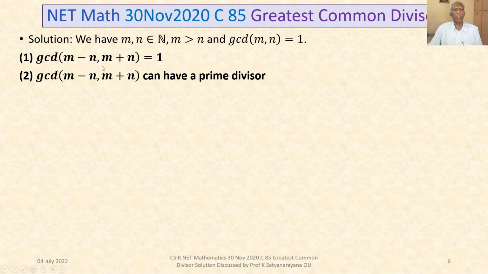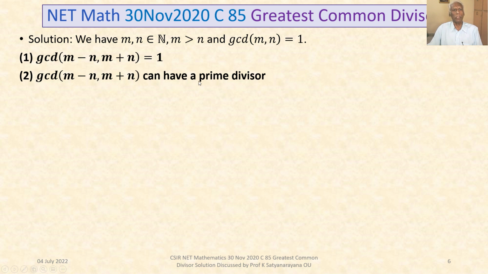If it is true, we have to prove that it is true for all. If it is not true, then you exhibit a pair of natural numbers m, n satisfying this condition. And the second one says this can have a prime divisor.